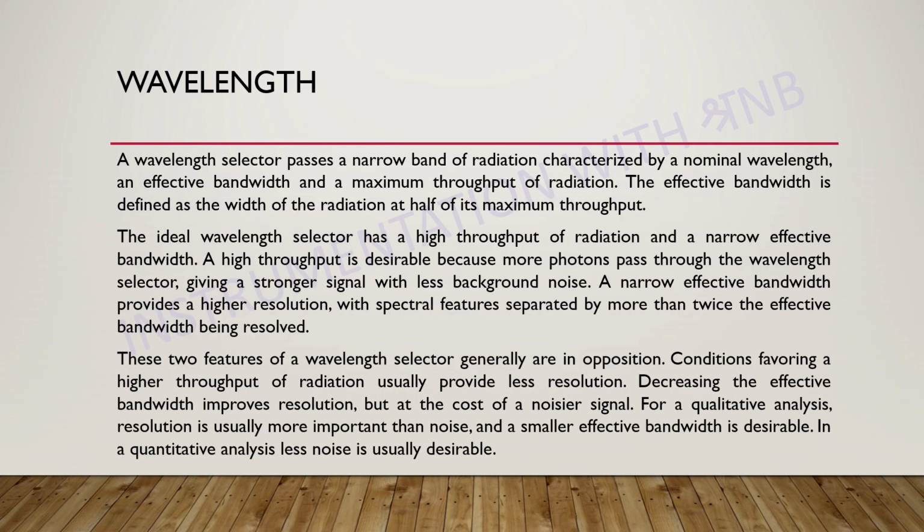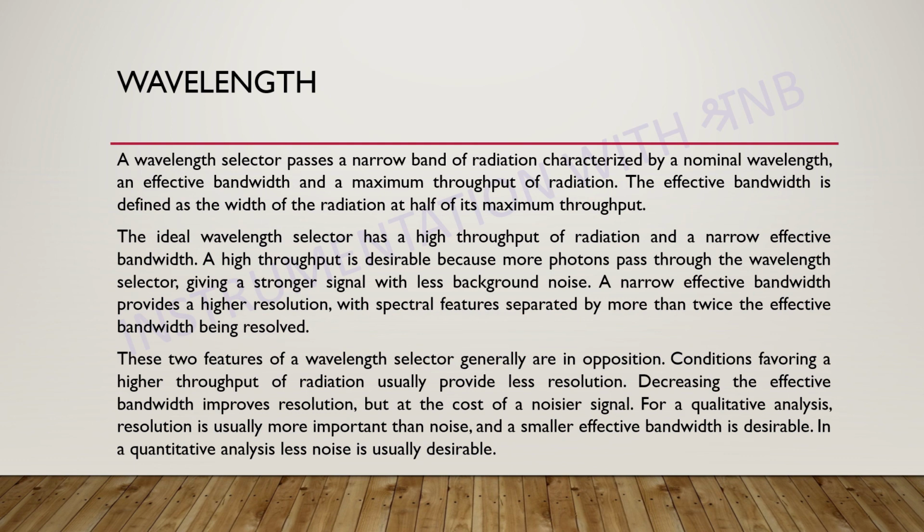Wavelength selector. Why do we need a wavelength selector? For example, if our analyte is in mixture form, so there are different compounds, right? So if we pass the electromagnetic radiation as it is, the different compounds present in the mixture will absorb different radiations and we'll have a complex spectrum.